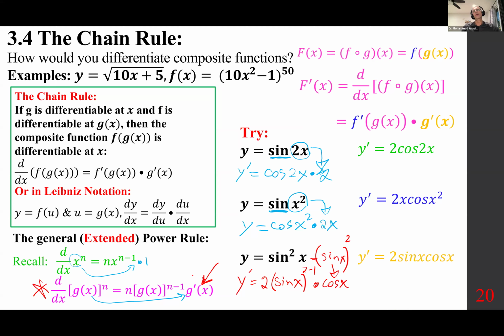Some of you may recognize this as sine of 2a, in this case 2x. You don't have to change this, but it's the sine of double angle. So that's the concept of the chain rule.